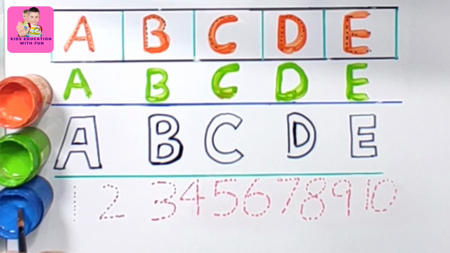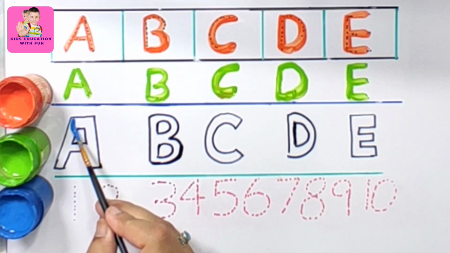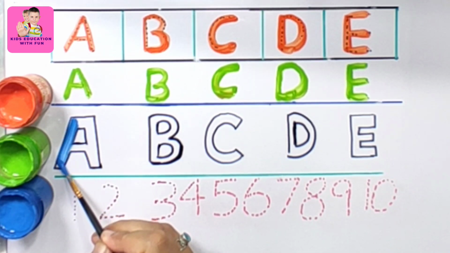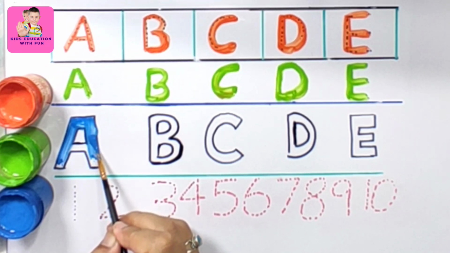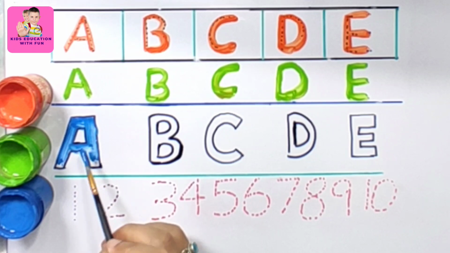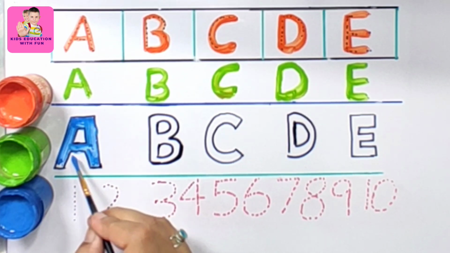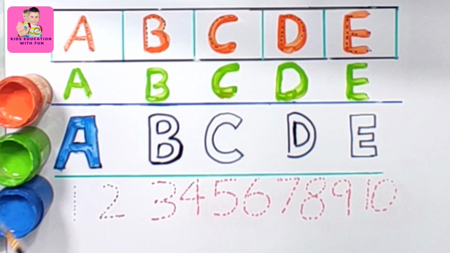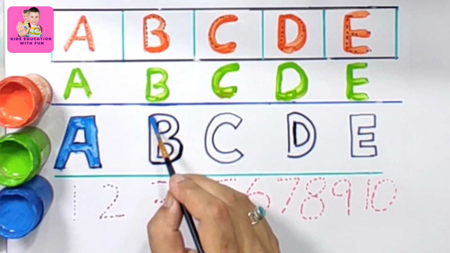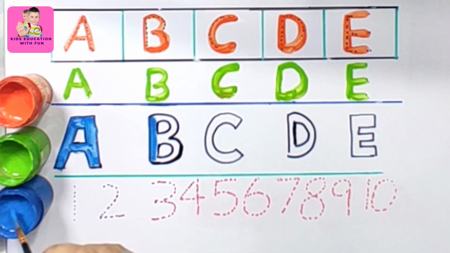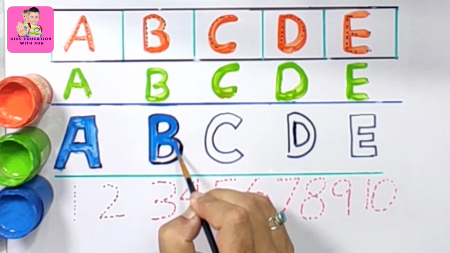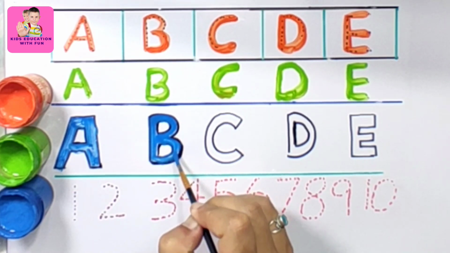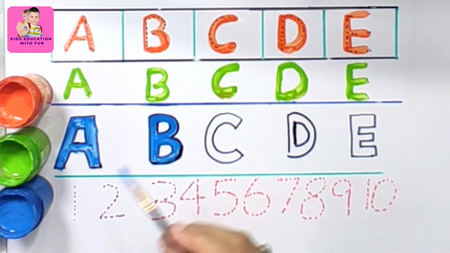Now we will use dark blue color and we will color A. This is A. Then B. The more you practice, the more you will learn.